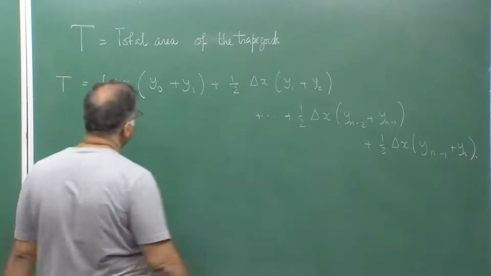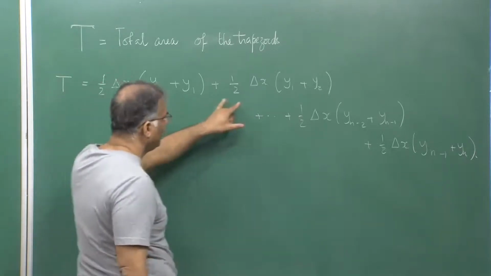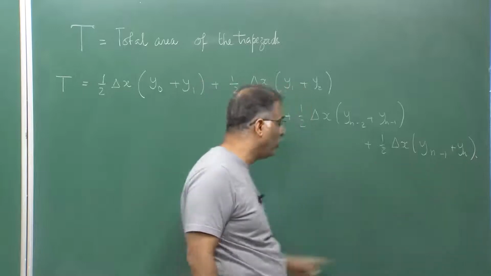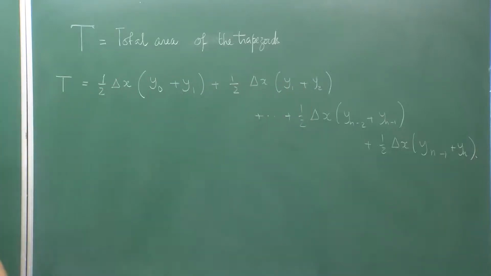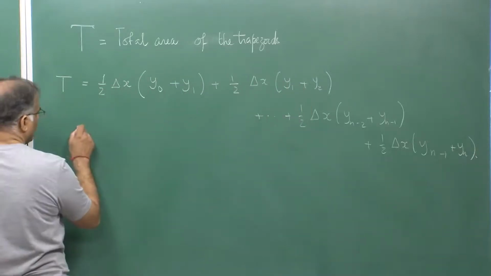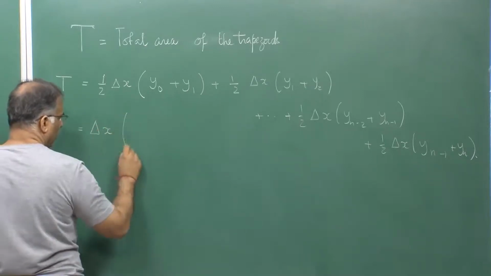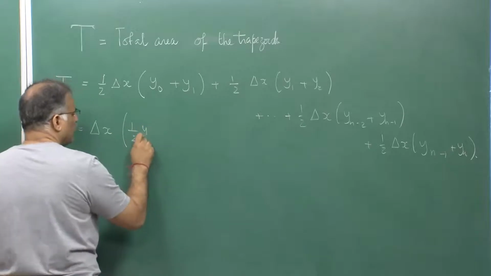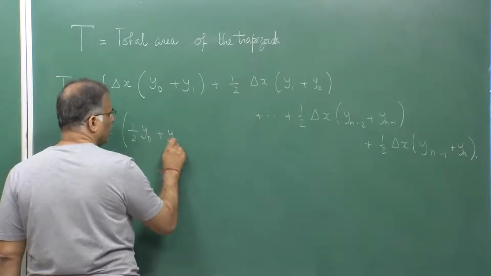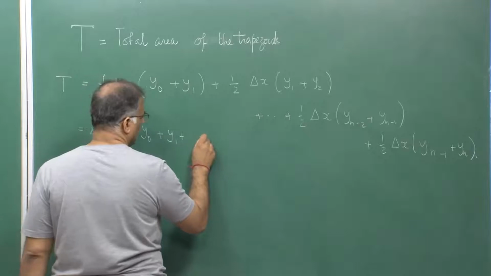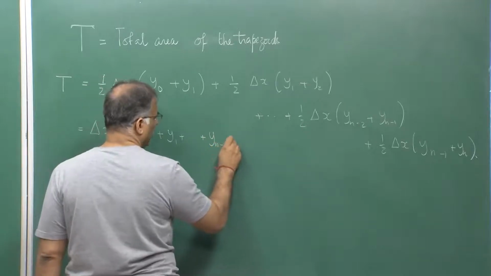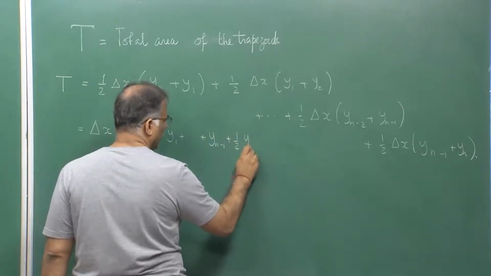Now, if I sum them up, you see that this half and half adds up for all of them except the end points, y0 and yn. So, I have delta x into half of y0 plus y1, up to yn minus 1, plus half of yn.